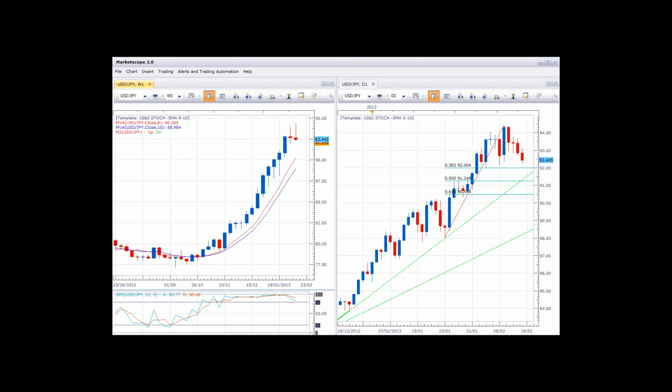Do you believe that the price can drop all the way down to 91.24? Not today, it wouldn't. Probably next week, or maybe next week. Don't know.